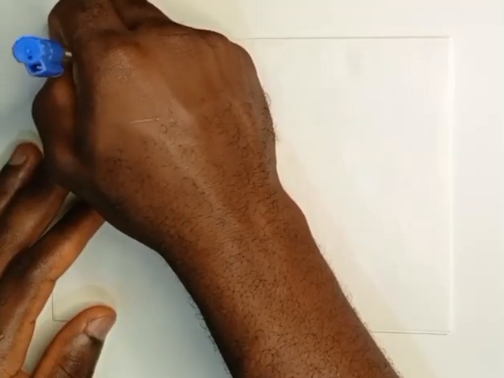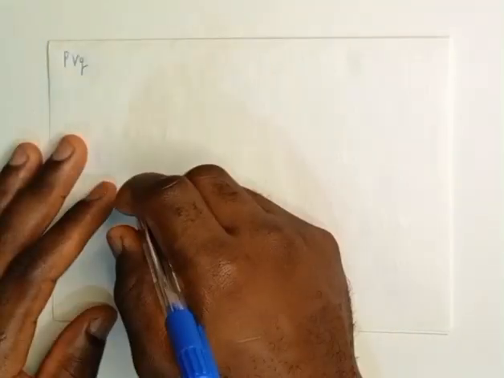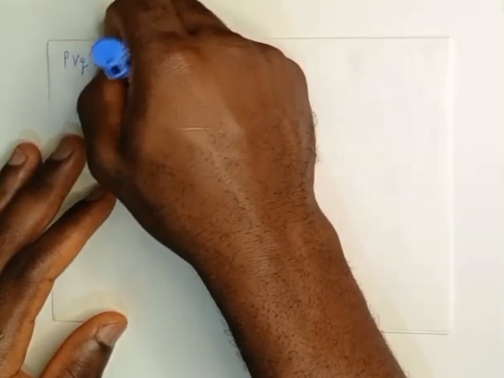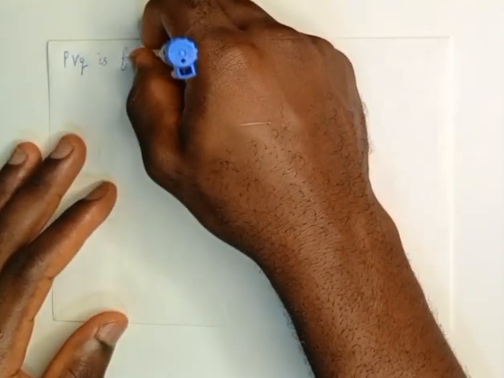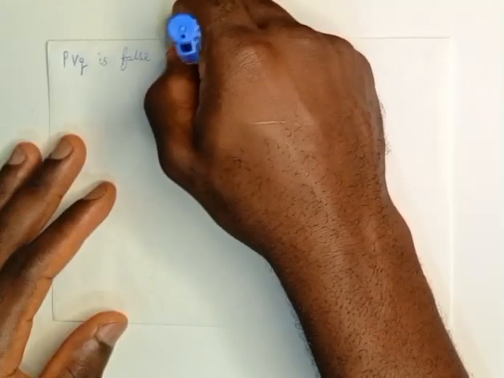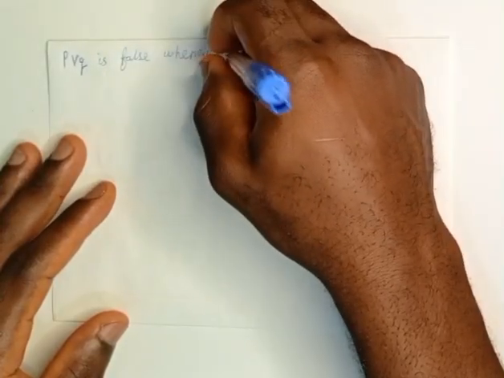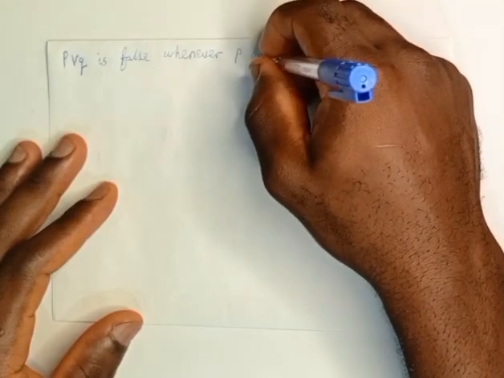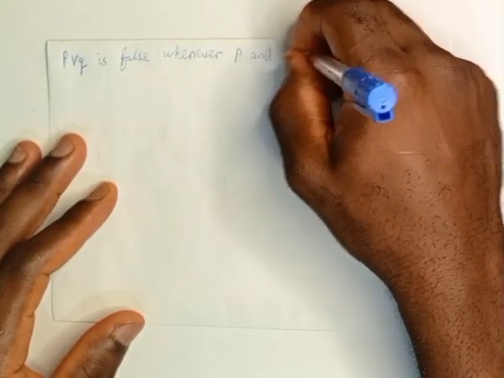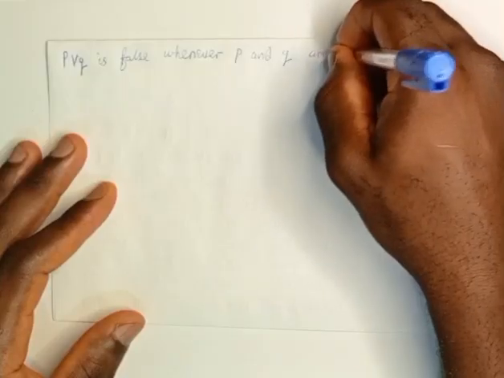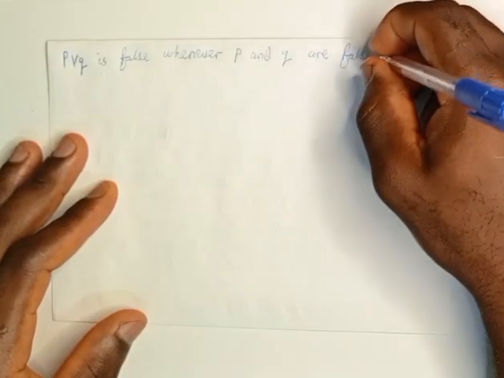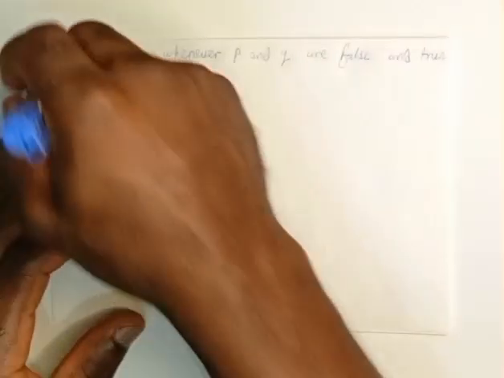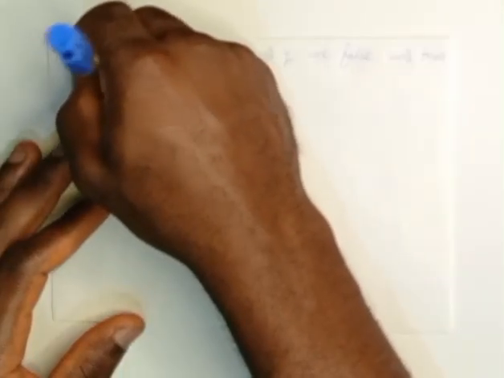P or Q, the disjunction of the two statements, is false whenever P and Q are false, and true otherwise.